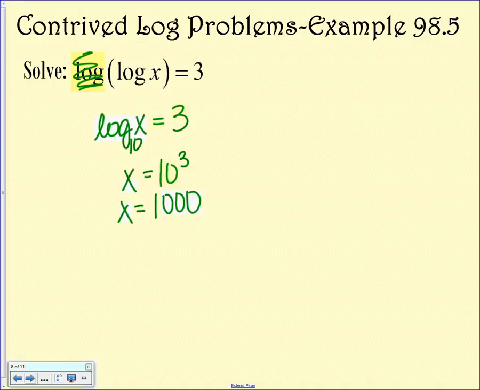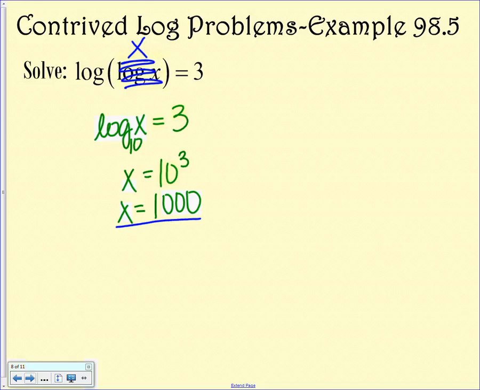Now, from there, we have to deal with this log. I'm sorry. We wanted to cancel this one out and make it an x. So log of x equals 3. And so that blue x there equals 1,000.